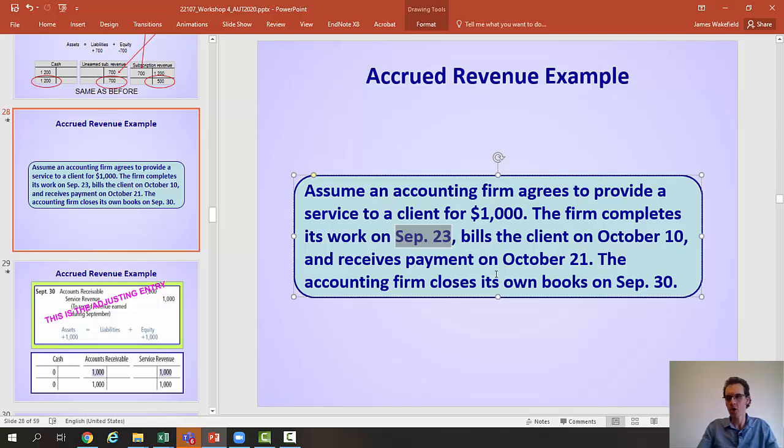So we know that the business in this case has earned the revenue prior to the end of the financial period on September 30th. Because they have yet to receive payment and they have yet to record any transaction here, they need to adjust the financial records in order to recognize the $1,000 of revenue the business has earned during the financial period.